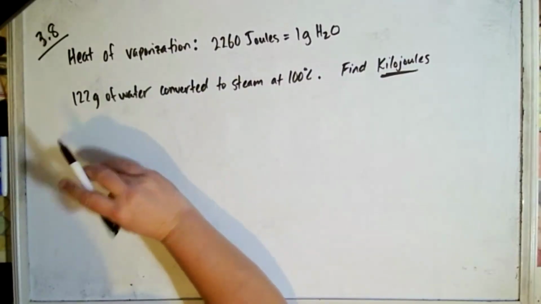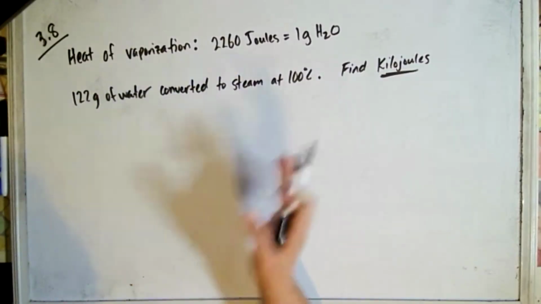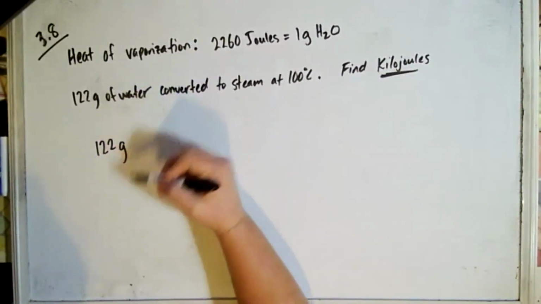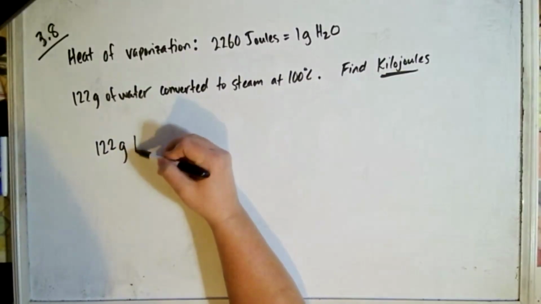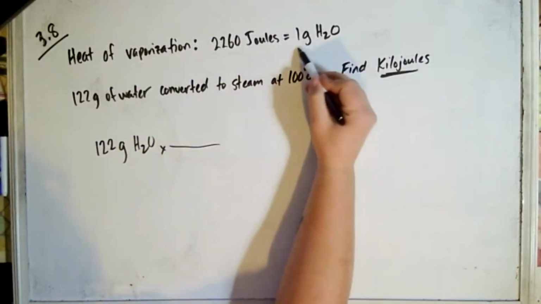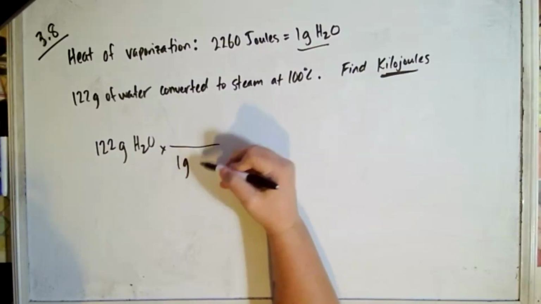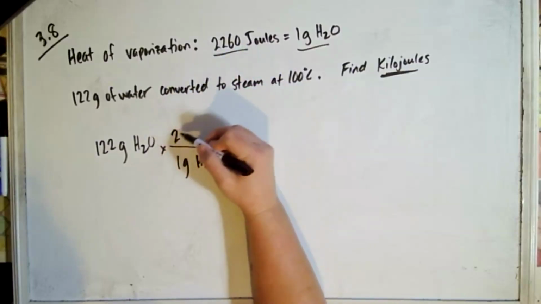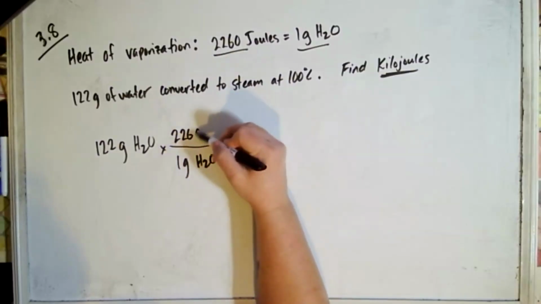So here we're tracking the heat of a phase change. We have 122 grams of H2O. Every 1 gram is going to absorb 2,260 joules.